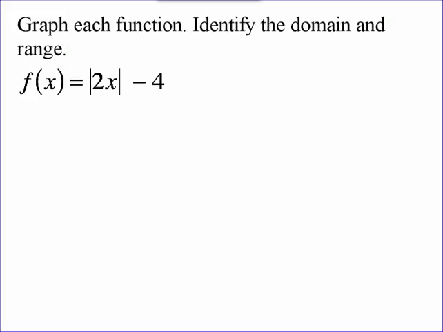In GeoGebra, go down to the input rectangle at the bottom. I need you to type in the following: y equals, do not use a capital Y, it gives you a weird error otherwise. Then ABS, that's what the absolute value symbols are, ABS, parentheses, 2x minus 4.